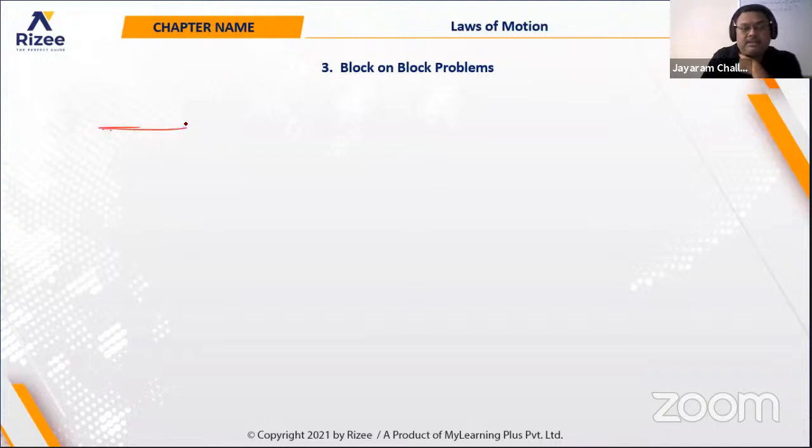So what is this frictional case? Whenever an object is placed on a surface like this, until it is moved, we don't know whether it can move. But if some force F is applied on this block of mass M, and it is reluctant to move, that means some force is acting in the opposite direction.